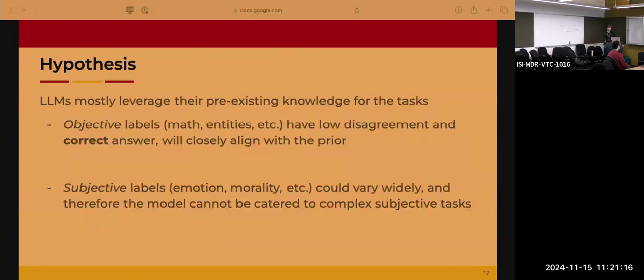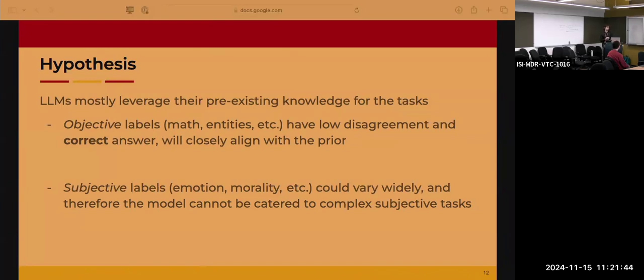So the hypothesis we have formed is that LLMs mostly leverage their pre-existing knowledge for tasks, and that's fine for objective labels, where examples are mathematical problems or entity recognition, which are settings that have a definite correct answer. They have very low disagreement between annotators, and therefore we expect this knowledge to closely align with the prior of the model.